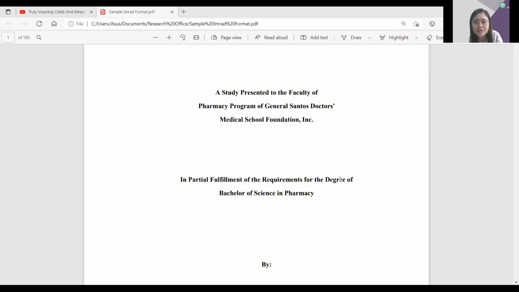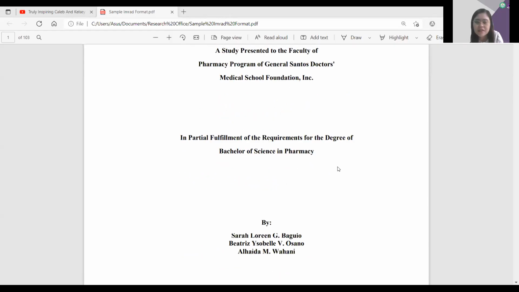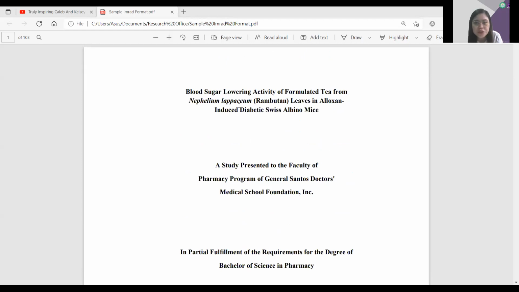Okay, so I already asked permission sa nagmamay-ari ng research na ito. It's the study of Miss Osano and her groupmates ni Isobel. Okay, so yung study nila, blood sugar lowering activity of formulated tea from Nephelium lapacum rambutan leaves in alloxan-induced diabetic Swiss albino mice. Yan yung title ng kanilang research.